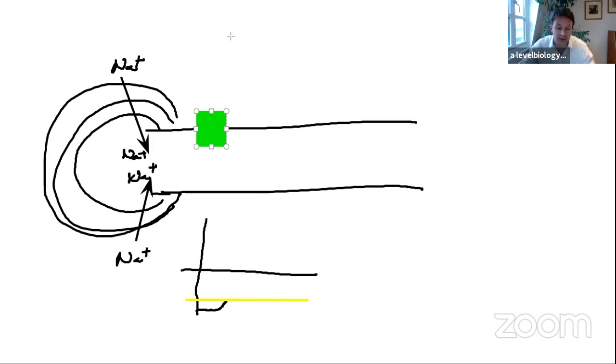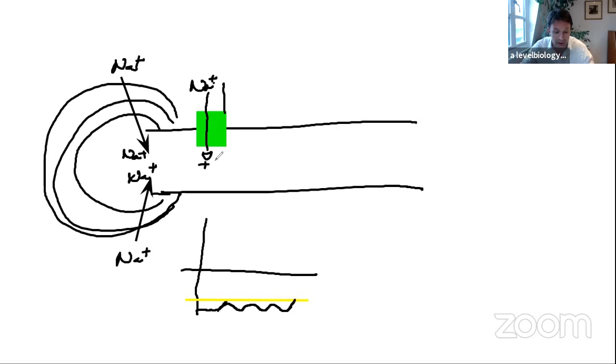If you are below the threshold level, then that channel will not open. So these are known as sub-threshold level depolarizations. But if you touch something enough that you allow through enough sodiums, then you reach the threshold level, and at that point, the voltage-gated sodium channel opens and sodiums flow through by facilitated diffusion down their gradient into the cell.